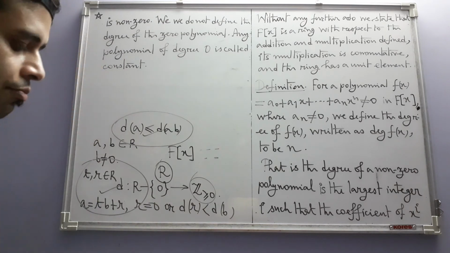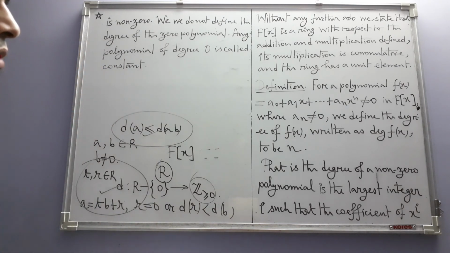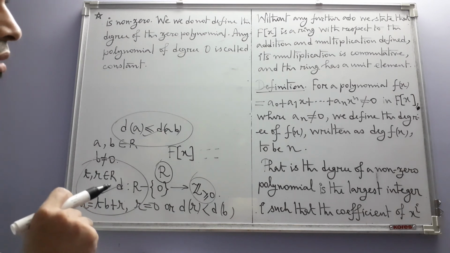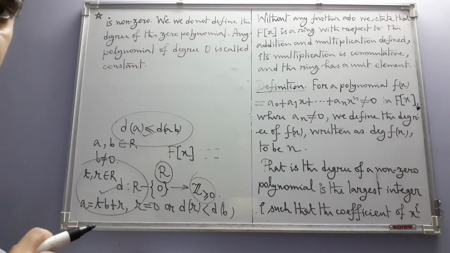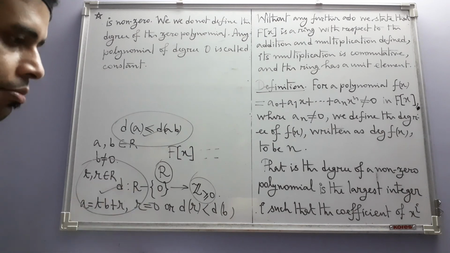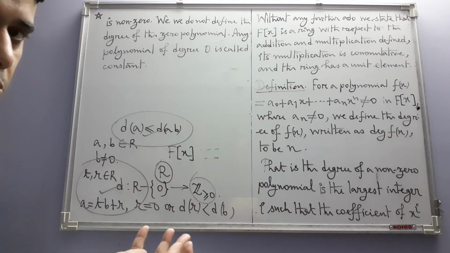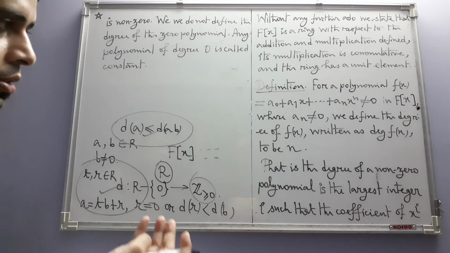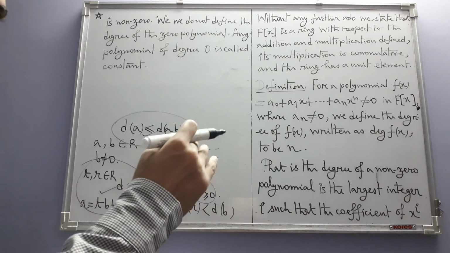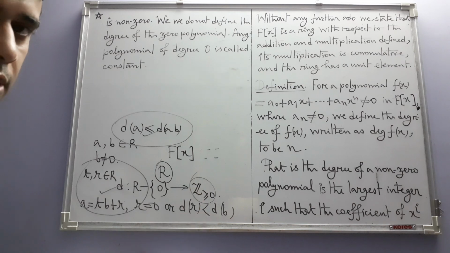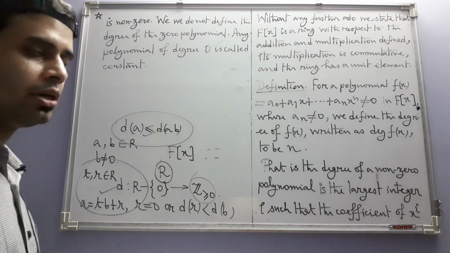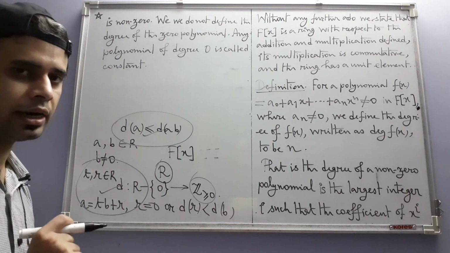We have also stated without proof that under these operations F[x] forms a commutative ring with unit element. Now the next step is to show that F[x] is an integral domain and then a Euclidean ring, and then we will state all the results of a Euclidean ring in this particular Euclidean ring. So that part we will continue in the next video.